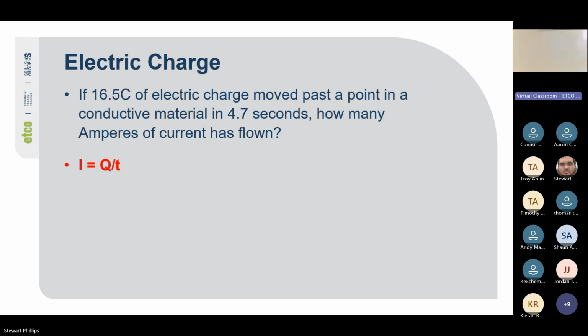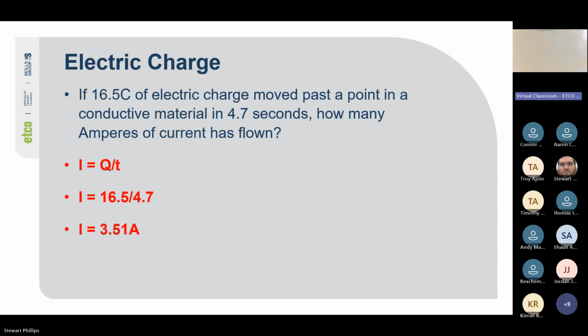Yeah, sweet. So it's 16.5 divided by 4.7, which gives us a current of 3.51 amps. So remember, we always take it to 2 decimal places. I think it's 3.5106. But if we round that 6, it becomes a 1, and we round the 1 down to a 5.1.